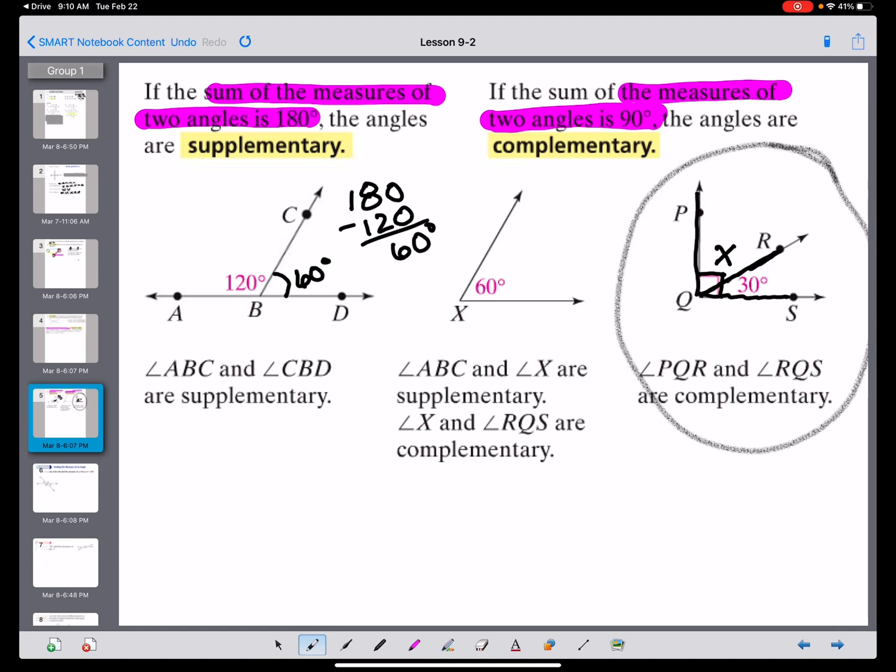Well, because there's that little box in the corner, it tells me that the sum is 90 degrees. They're complementary. So if one of them is 30, I can simply take 90 degrees minus 30 degrees and get the remainder of 60 degrees. The value of X, or this angle, is 60 degrees.